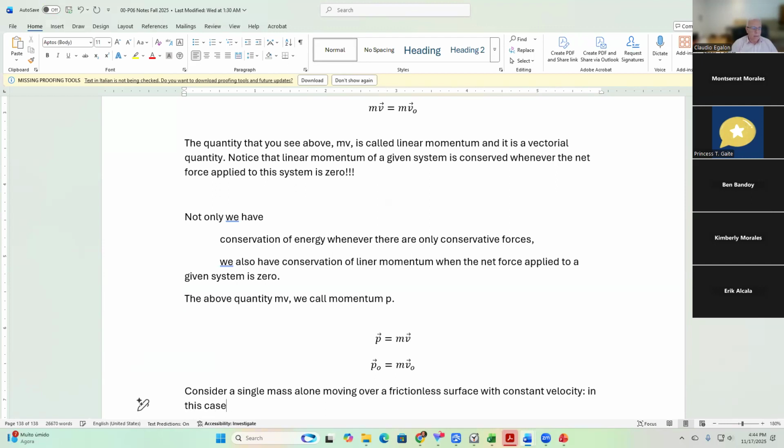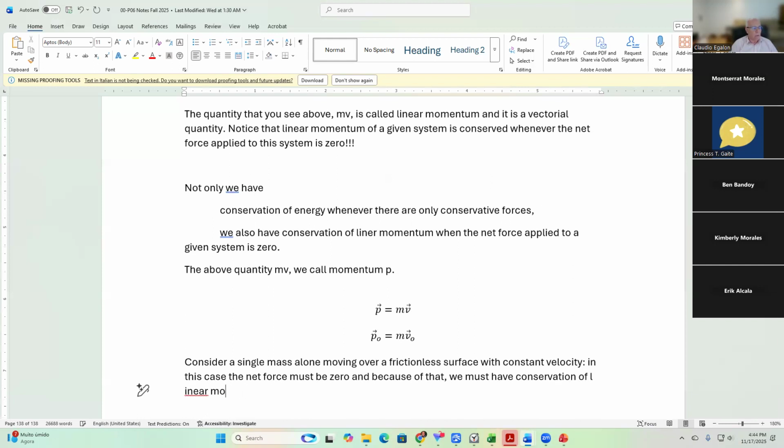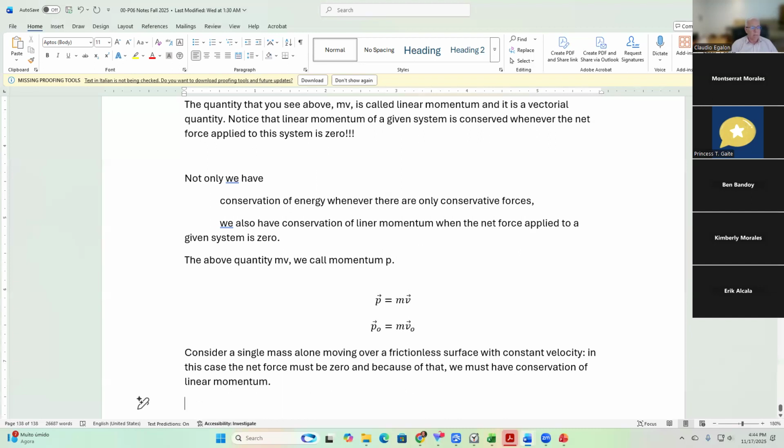In this case, the net force must be 0, and because of that, we must have conservation of linear momentum.